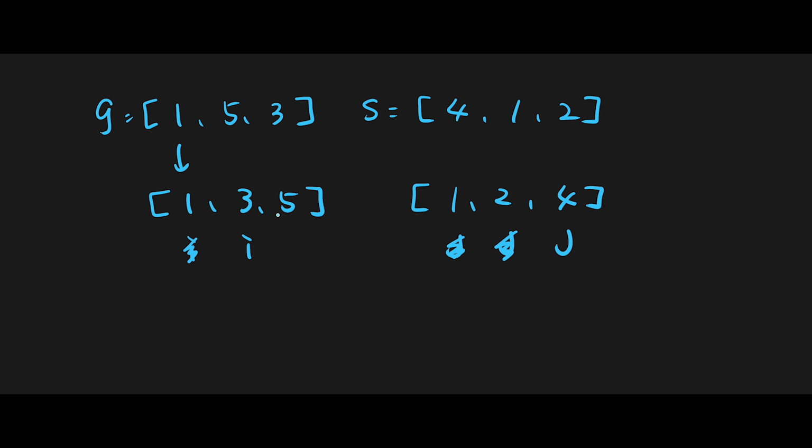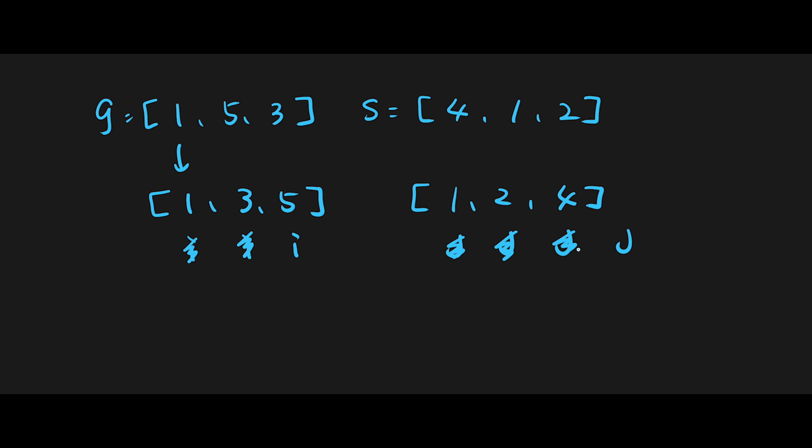Now this child has 3 for greed factor, and the current cookie is 4. So now this child is satisfied with cookie 4. In that case, we move the i pointer to next, and we move the j pointer to next.